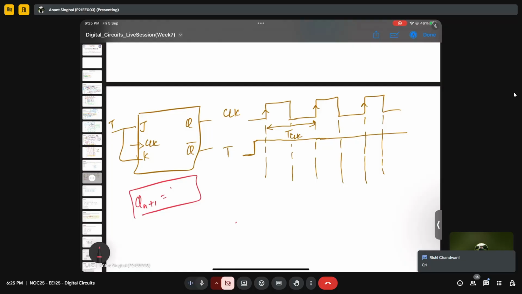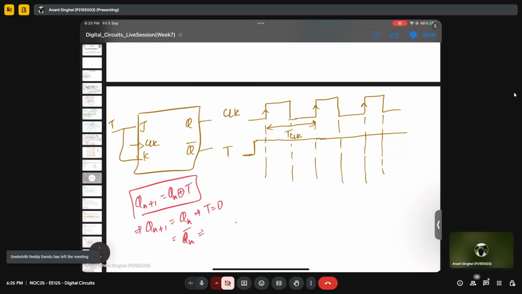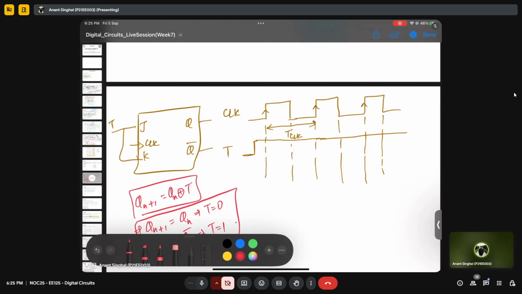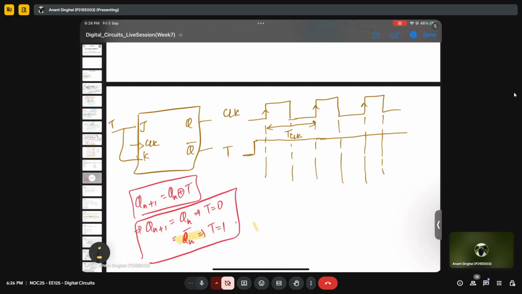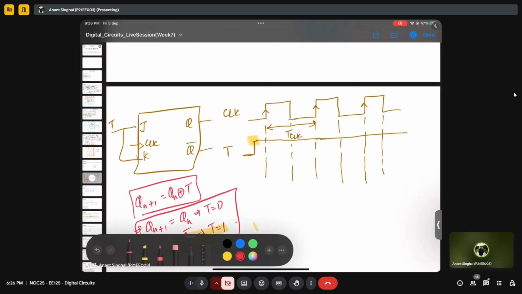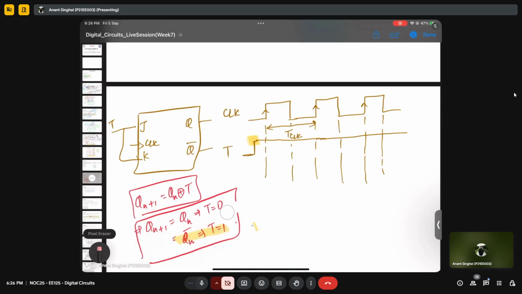Exactly, it's Qn XOR T. In simple terms, Qn plus 1 is Qn when T is 0, and Qn plus 1 is Qn complement when T is 1. Now the question basically has this particular condition because T is always set to 1. So wherever the positive edge triggering occurs, what will happen? The previous output will toggle, right?